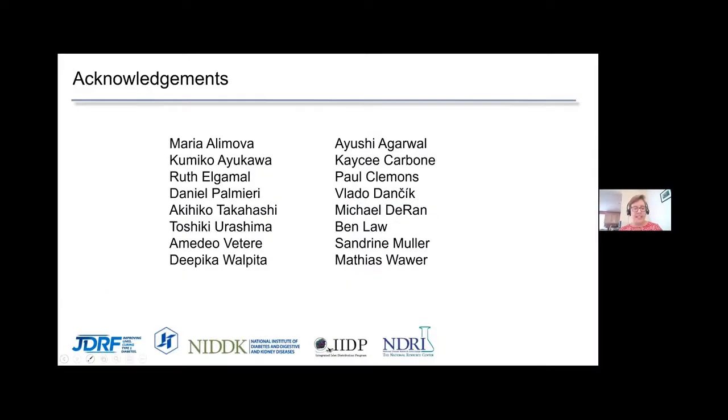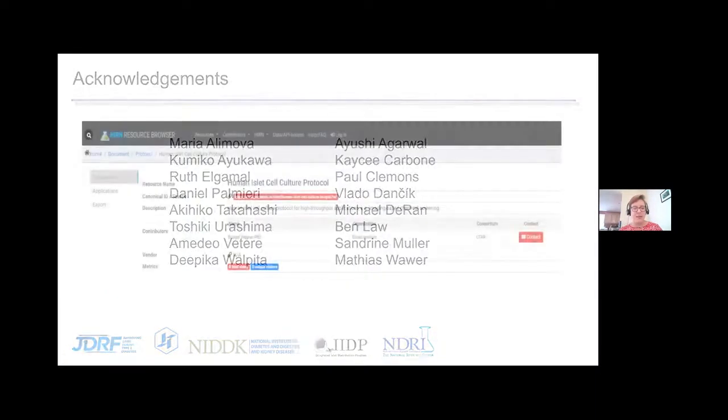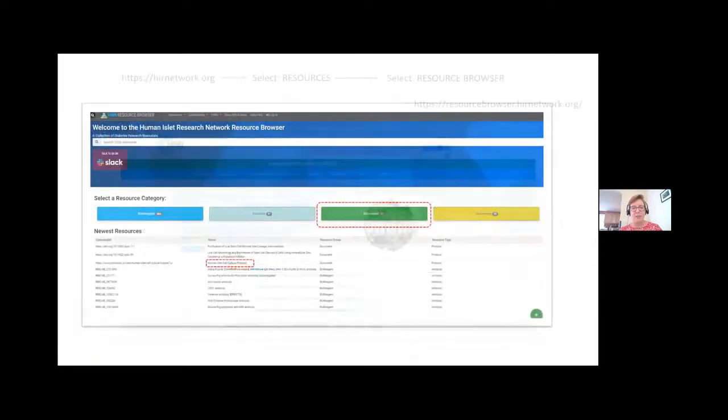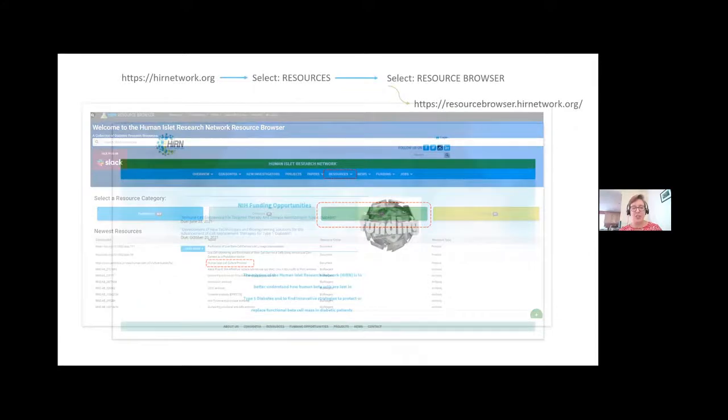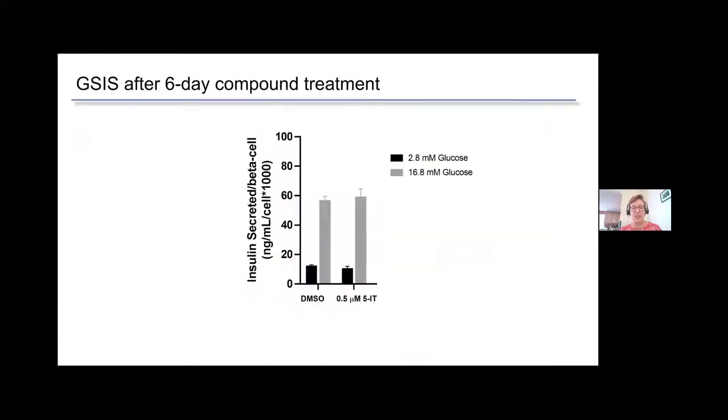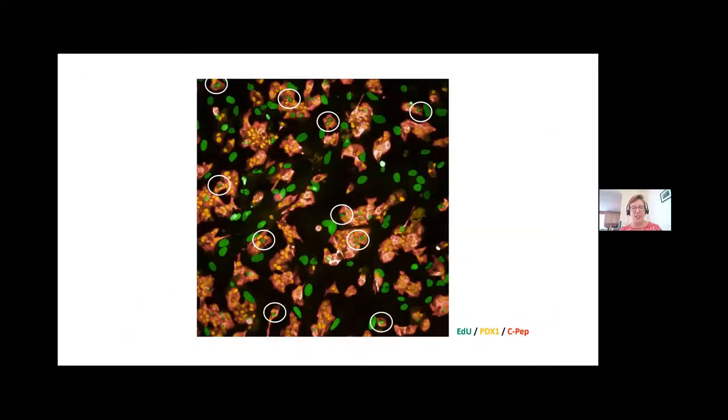Yeah, absolutely. We do deplete them computationally. Take the image, and maybe I can go back and share the screen again. You can see all of those cells have large nuclei. If we were to analyze this by eye, it would be easy to see, but you can teach a computer how to do that also. Here you see all these huge nuclei. These are not beta cells. They're not C-peptide positive.